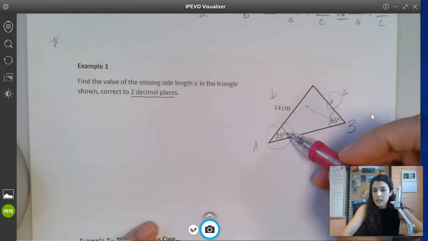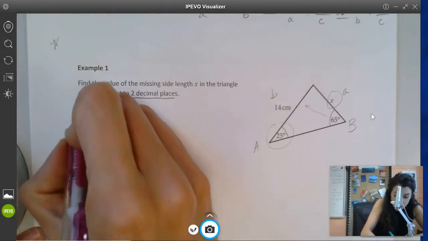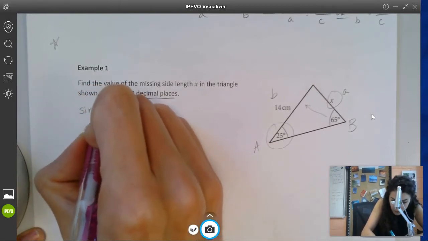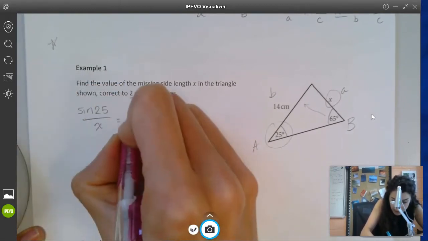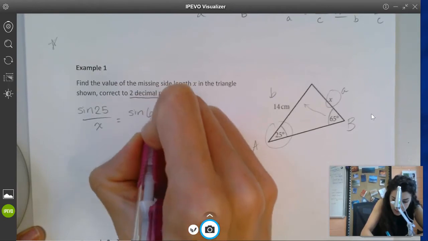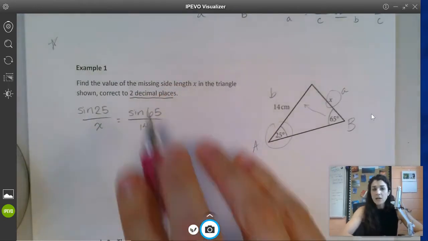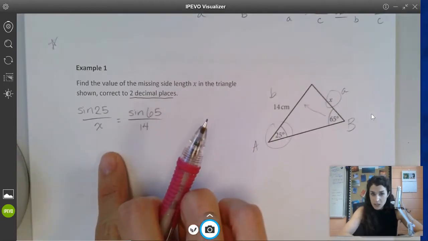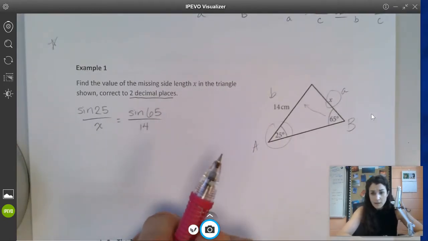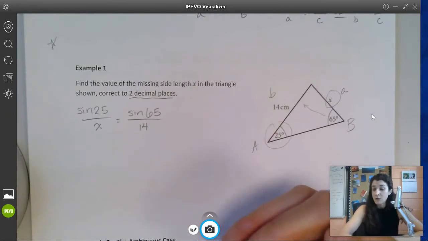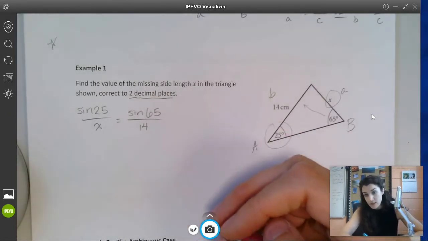So then that's the relationship of the sine of an angle divided by its opposite side equals the sine of any other angle divided by its opposite side. And I could have flipped it and had sine of 65 over 14 equals sine of 25 over x, or I could have x over sine of 25 equals 14 over sine of 65, right?